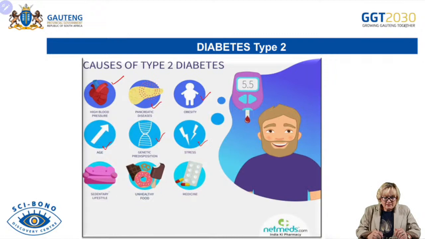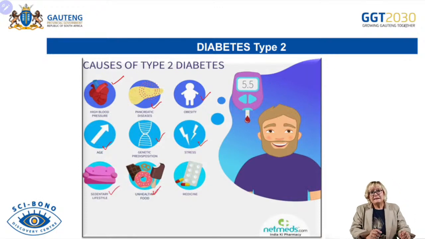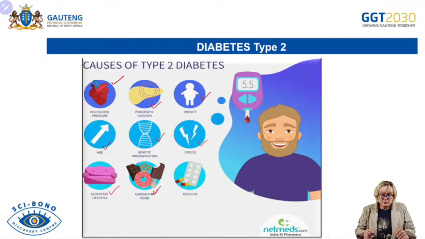Sedentary lifestyle, that's when you're not moving around a lot. So you rather lie on the couch than kick the ball outside. You rather drive to the cafe than walk that 1 kilometer to the cafe and back. Unhealthy food, if you have too much unhealthy food, that can lead to diabetes type 2, and then also some medication can cause diabetes type 2.